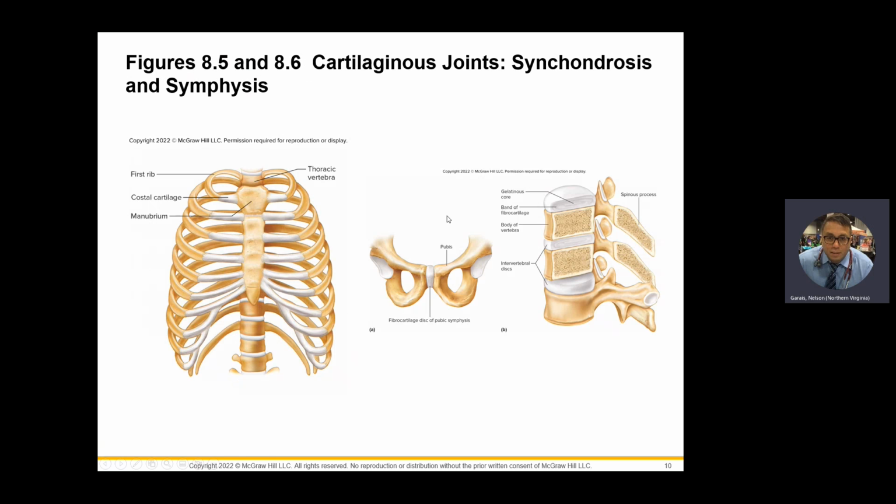Better look at this, cartilaginous joints. This is better. And you see, I got my rib cage, my pubic symphysis, and my intervertebral disc in between my vertebrae. This is a better thing to look at than words. So these are all what? Cartilaginous joints. Do they move?